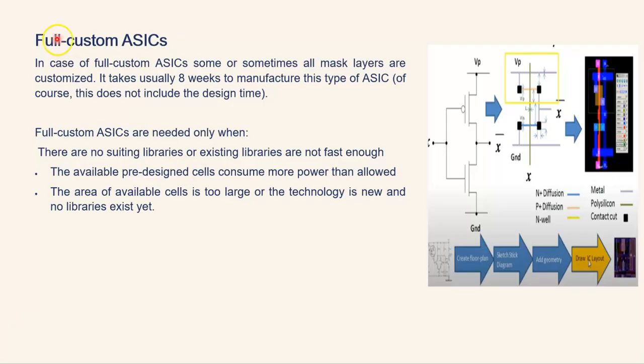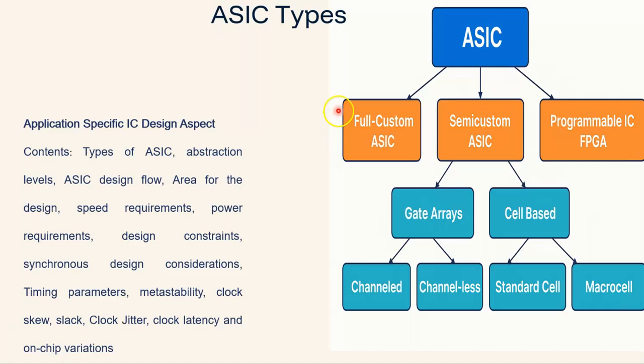Fine. So why are we relating all this stuff with full custom IC or full custom ASIC? When industry wants to develop any full custom IC or ASIC, at that time the designer is going to start from scratch. To understand this, I have incorporated all these diagrams and the flow in this presentation. So when we are talking about types of ASIC, which is the first type? Full custom ASIC. When you want to develop any full custom ASIC, where are you going to start?